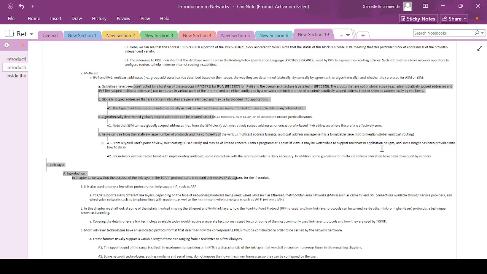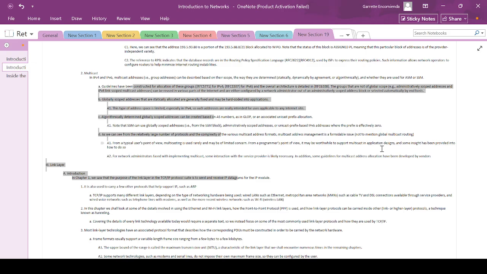The groups that are not of global scope, like administratively scoped addresses and IPv6 link scope multicast addresses, can be reused in various parts of the internet and are either configured by a network administrator out of an administratively scoped address block or selected automatically by the end host.